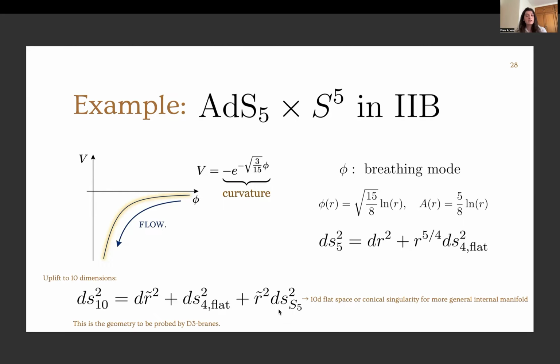Of course, what we obtain here is just 10-dimensional flat space, as we should find. For a slightly more general compactification, where we don't have a spherical internal manifold but maybe some orbifold thereof, you find a conical singularity, which is exactly the singularity which needs to be probed by D3-branes to find the dual. Okay, so this example is very simple.